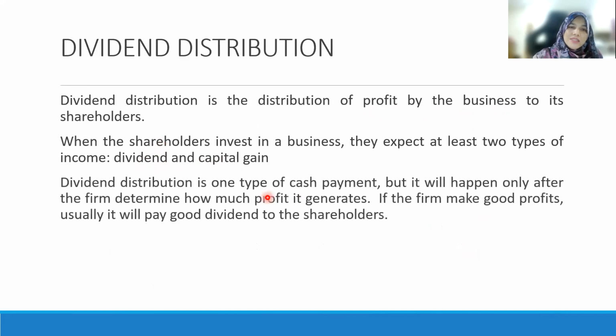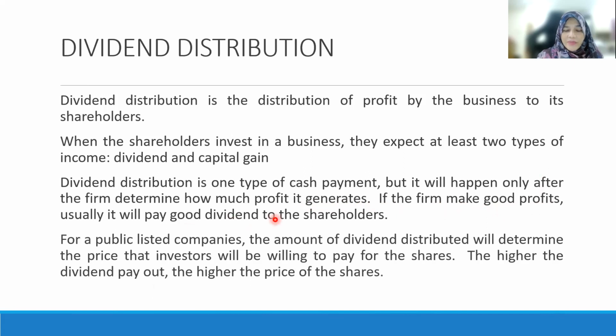So dividend is one type of cash payment, but it will happen only after the firm determines how much profit it generates. If the firm makes good profit, then definitely they will pay good dividends to the shareholders. For a public listed company, the amount of dividend distributed will determine the price the investor is willing to pay for the shares. The higher the dividend payout, the higher the price the investor would be willing to pay for the shares.